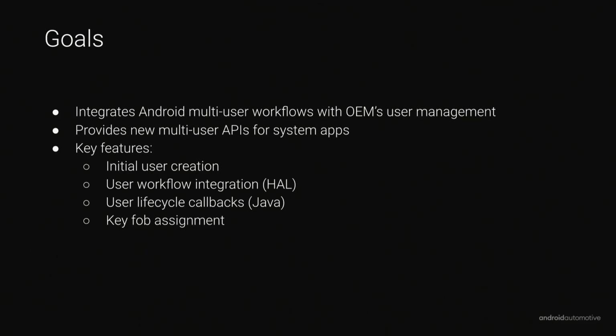We want to make it easier for the OEM to change that when the user changes on Android. So we're going to provide these capabilities through a HAL, which the OEM has to implement, and some new APIs that system apps or bundled apps like Settings have to call. We'll also be adding some new features like key fob assignment and an easier way to listen to user switch lifecycle events.